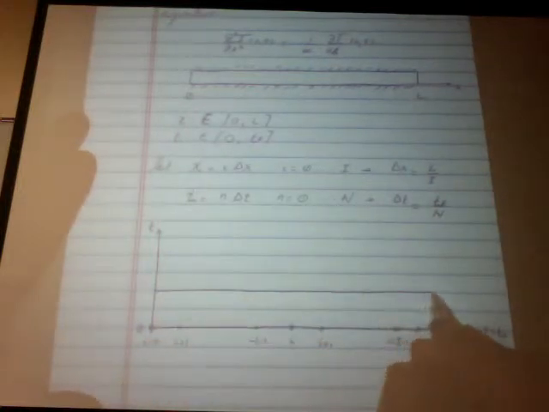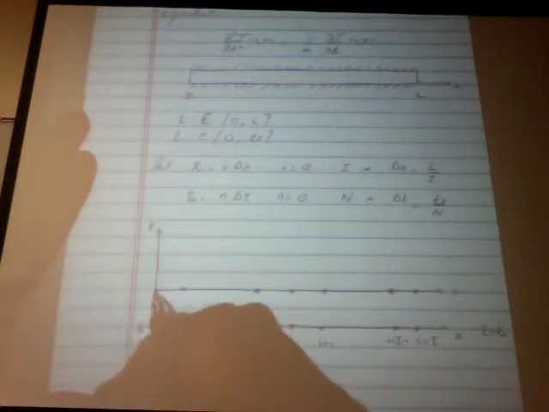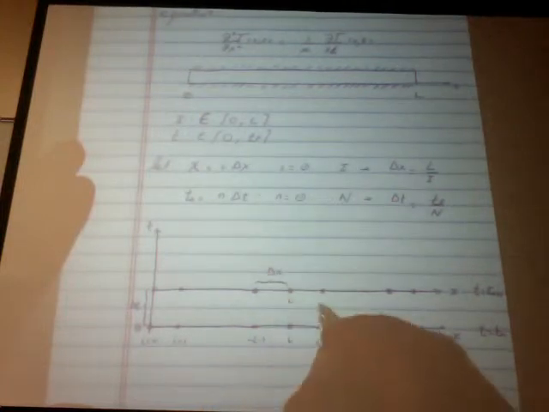And then we'll have the same discretization, and this will be t equals t_n plus 1 at the next time level. The size right here is delta t. The size right here is delta x.